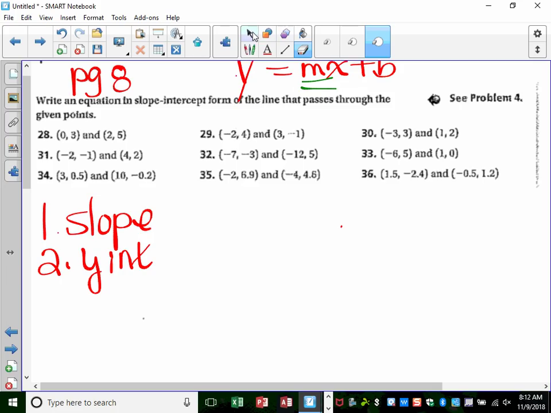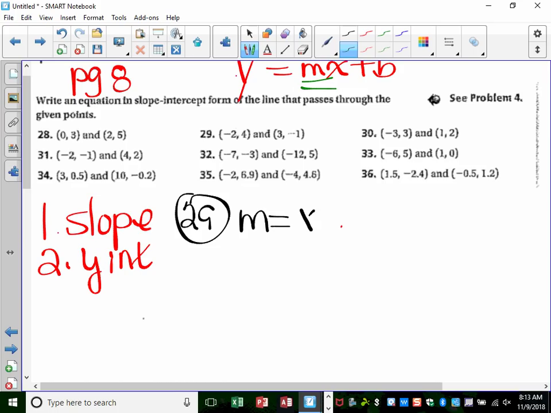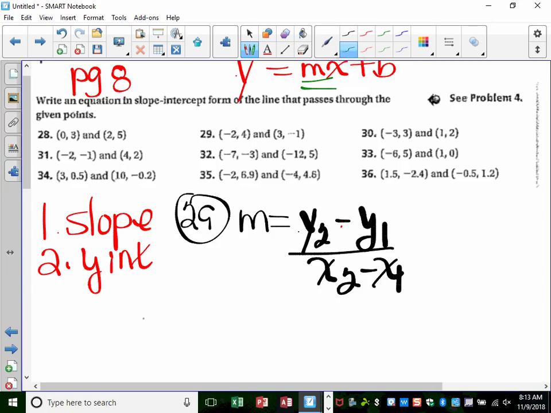So what is the first thing I'm going to do? It tells you right here, find the slope. So this is 29. m equals y sub 2 minus y sub 1 over x sub 2 minus x sub 1. Here are my numbers: negative 2, 4, 3, negative 1.